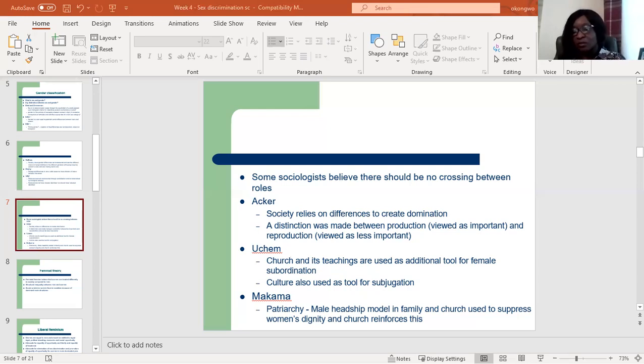This discrimination is then reinforced over and over, in schools and churches, through the use of books and teaching methods. I can actually go on forever with this, but I have to stop here on gender classification, so that we can go on and look at other theories.